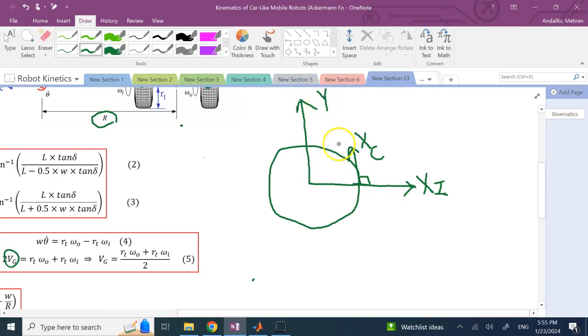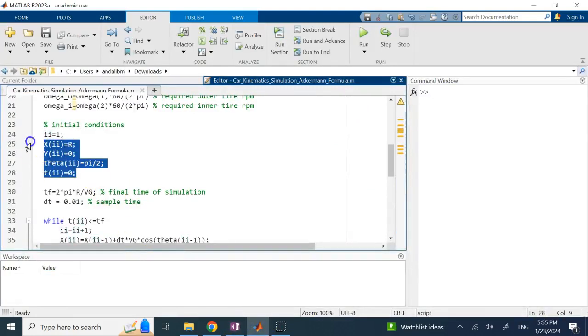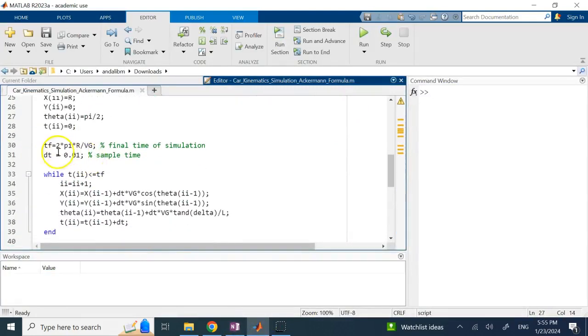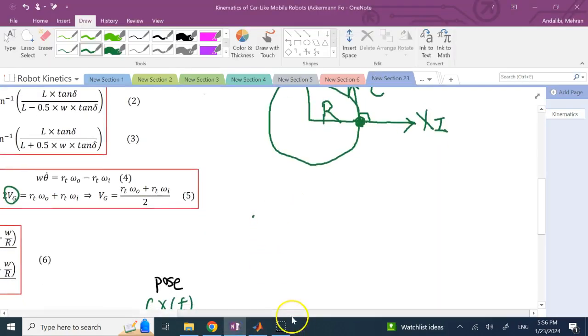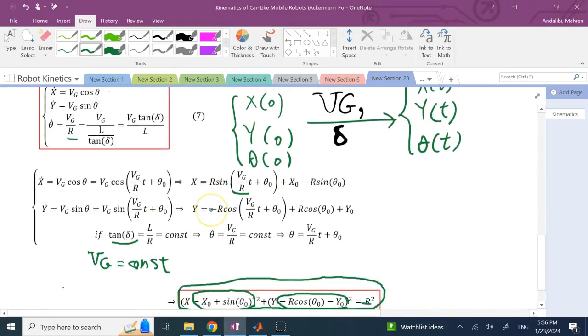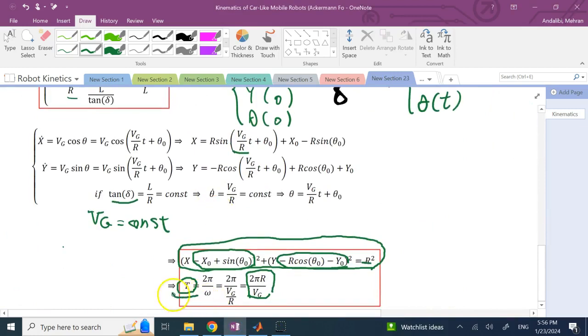So this is the point that you start, at x of R and y of 0, and we start at time 0. And then this tf here is the same as this capital T that we have, the time that you need to go around the circle one time. So we use this formula.